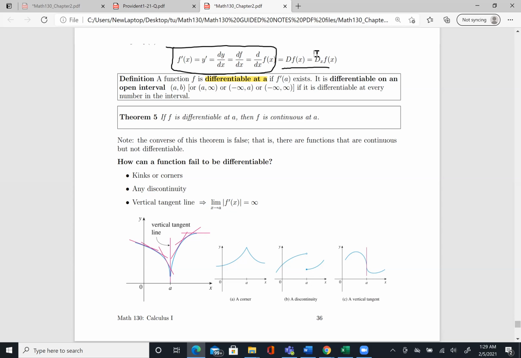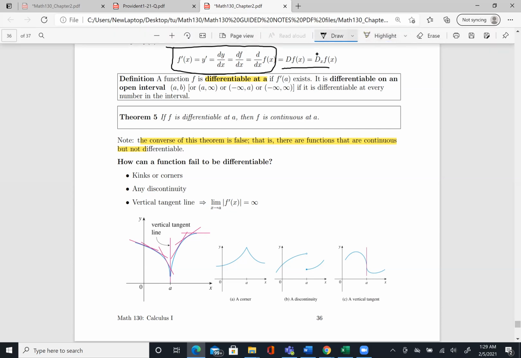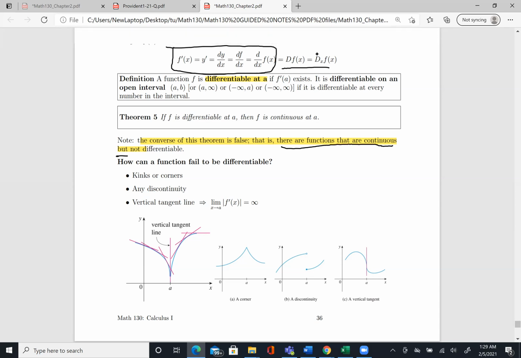What does that mean? It means there are functions that are continuous but not differentiable.